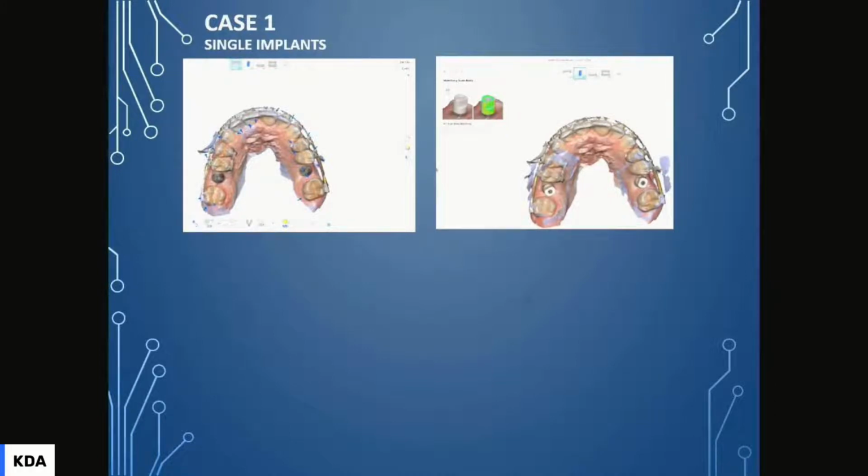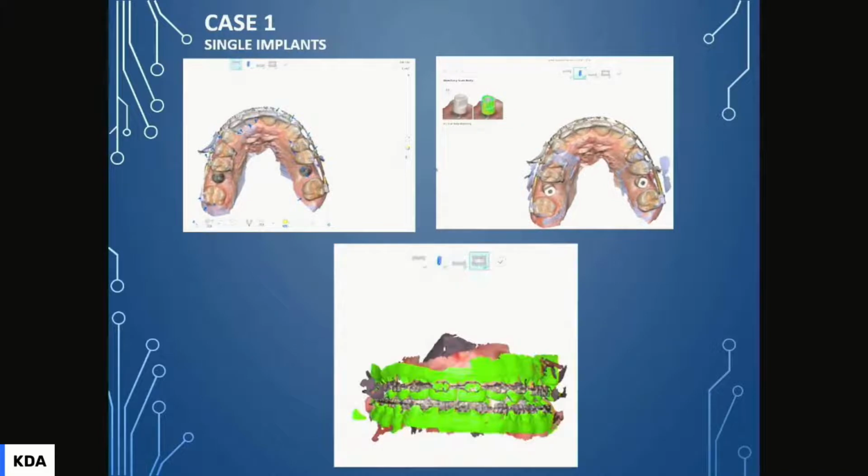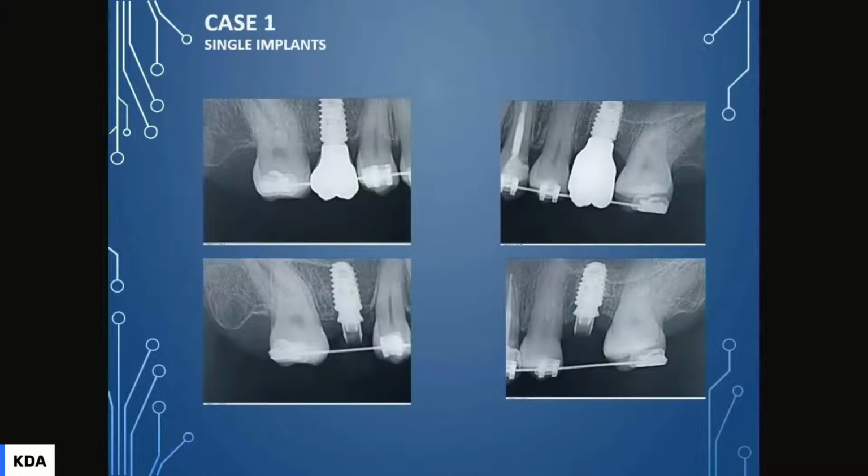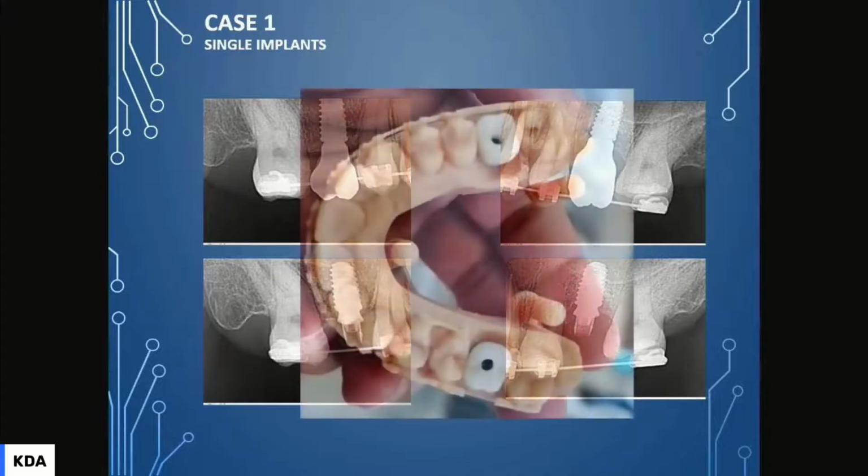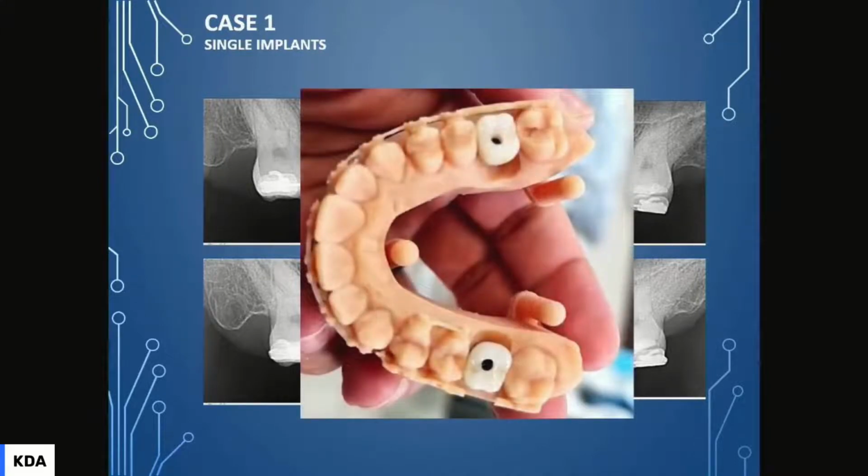We took an intraoral scan before, removed the healing caps, and placed the scan bodies. We took another scan. We took a scan of the bite, and still the braces were on. After that, we placed the implants. Restored. Patient was happy. I was happy. Orthodontist was happy. This is case number 1. It's fairly simple.